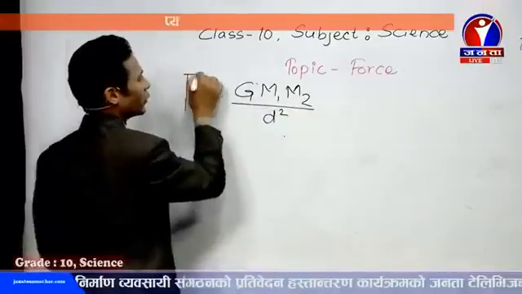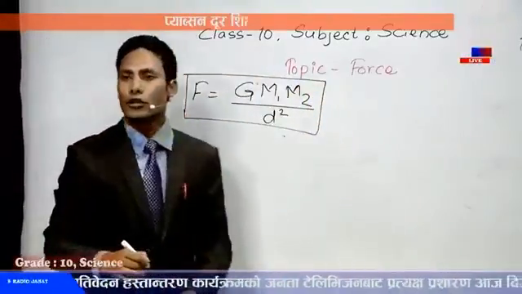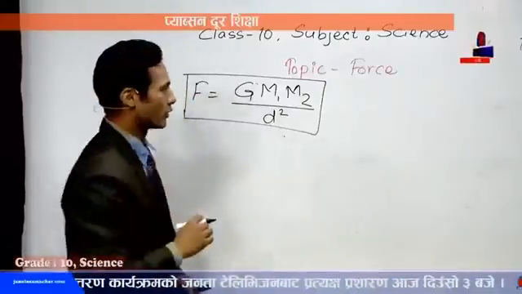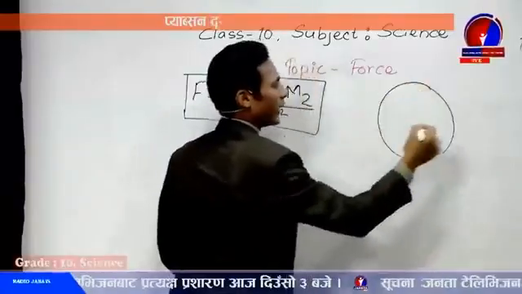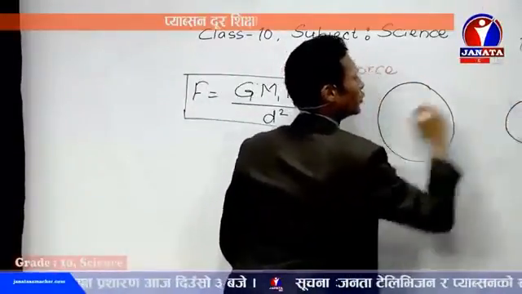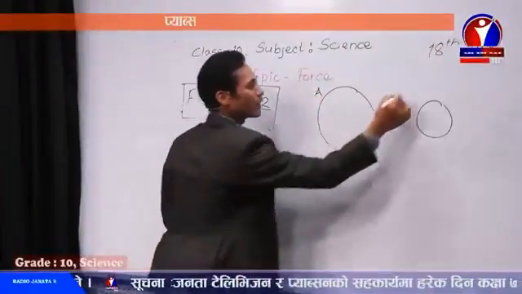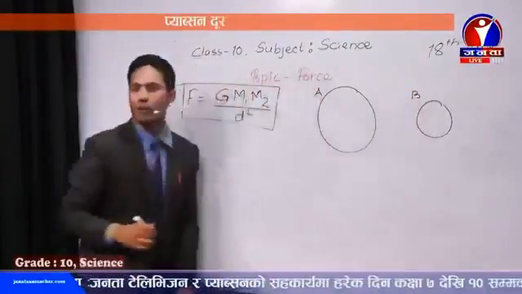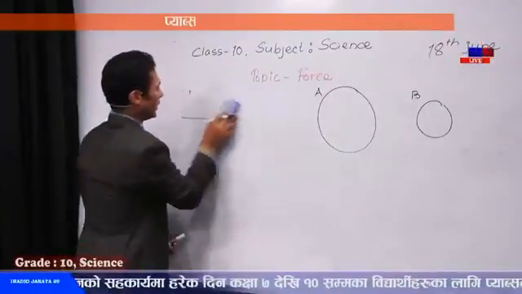This one is also known as Newton's universal law of gravitation. Okay, so let's draw the two objects here, 1 and 2. Let's say this object is A and this object is B. Two objects are there, and this we are going to derive.